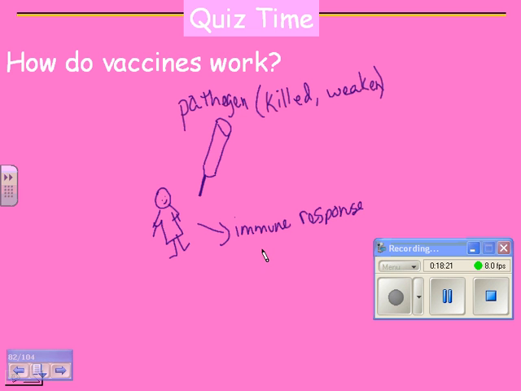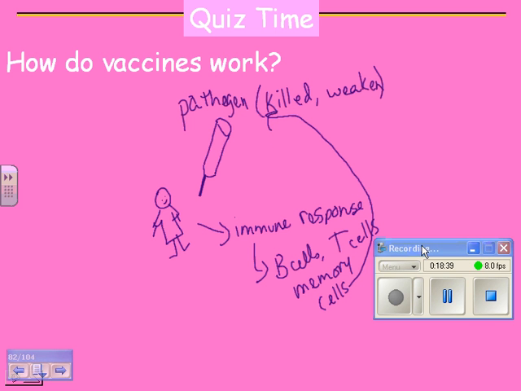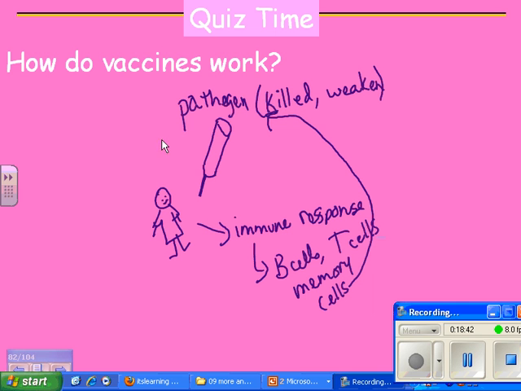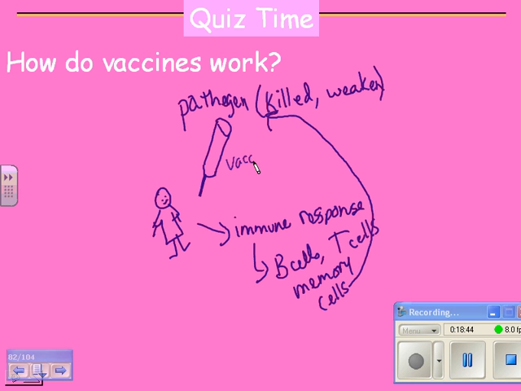And when you do that immune response, you make your B cells and you make your T cells. And when you do that, you're making memory cells also. And so now you should have memory cells that are specific to that particular pathogen. So let's say you inject a measles vaccine into a kid. Measles is a live virus, so it's a live vaccine, and they're getting weakened measles antigens in them.